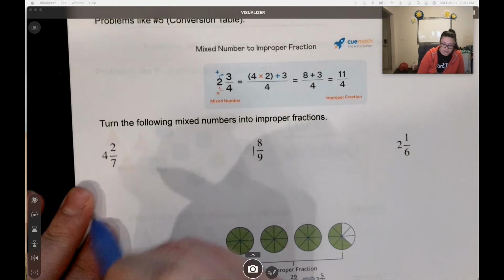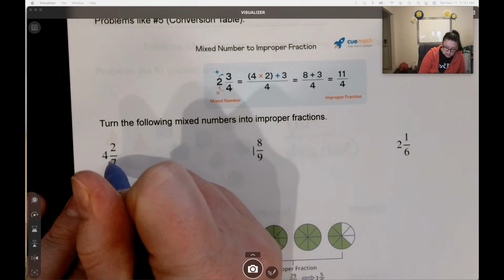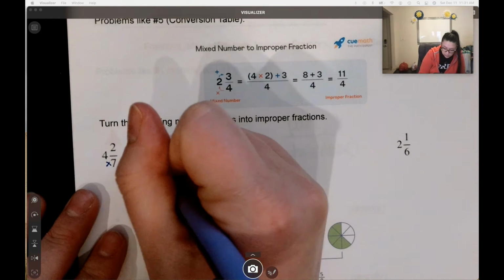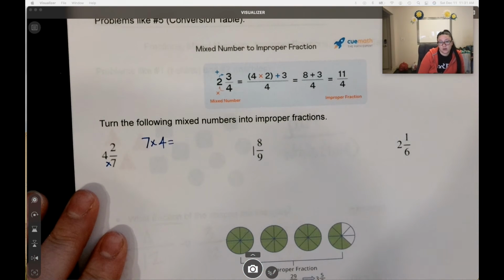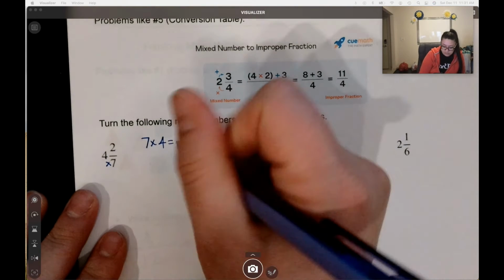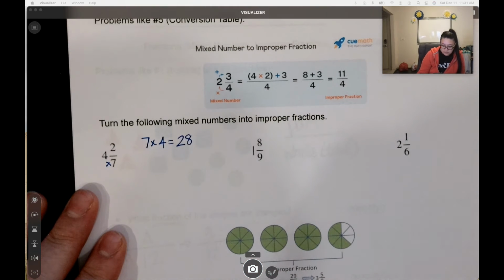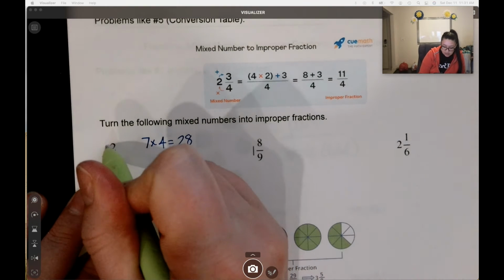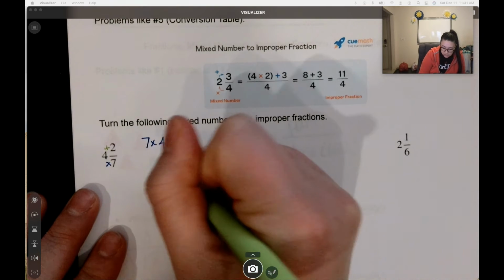First, I want to multiply my denominator times my whole number. So I need to do 7 times 4. What is 7 times 4? 28. So then I take that number and I want to add 2. I want to add my numerator.